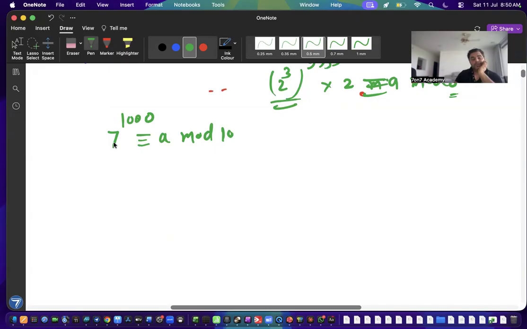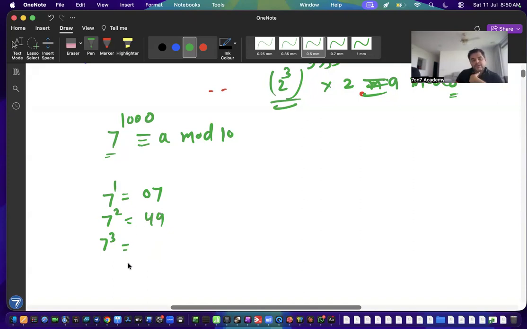No beta, 7 raised to 10,000 mod 10. Mod 10 means if you divide this big number by 10, what is the remainder? So 7 raised to 1 is 07. Agree? 7 raised to 2 is 49.